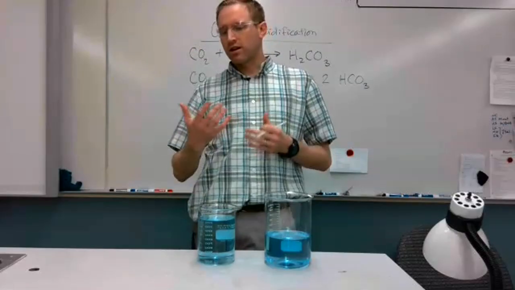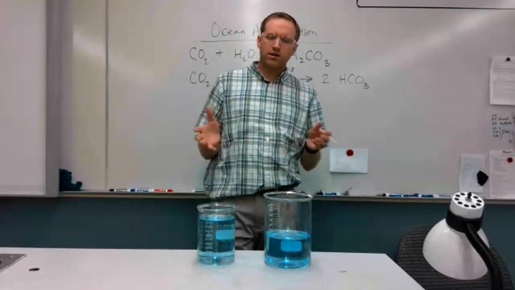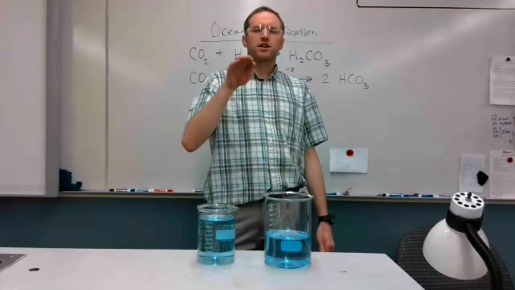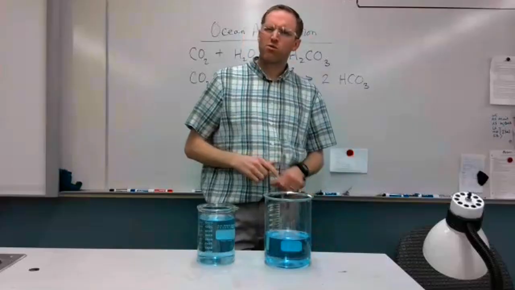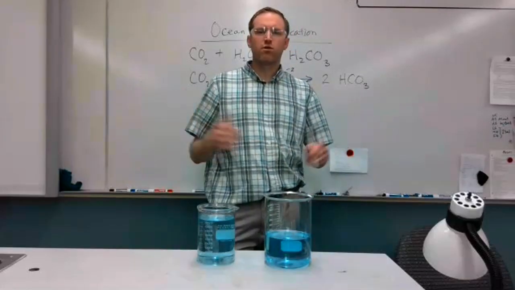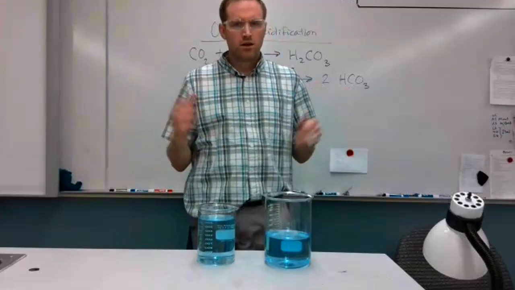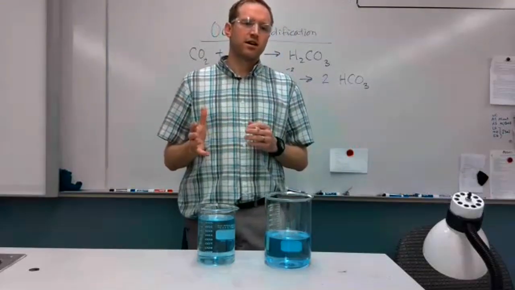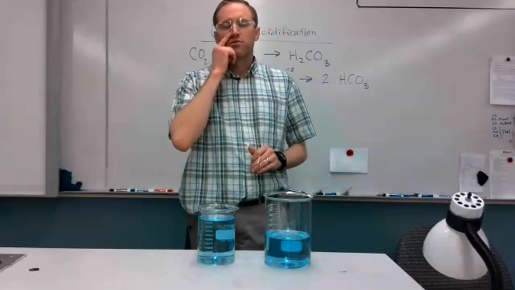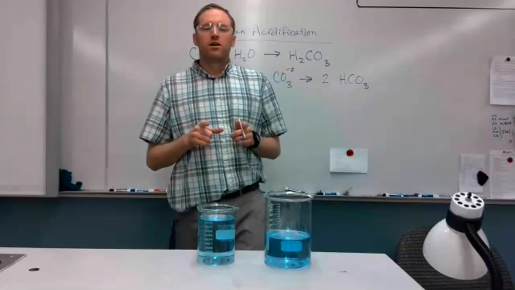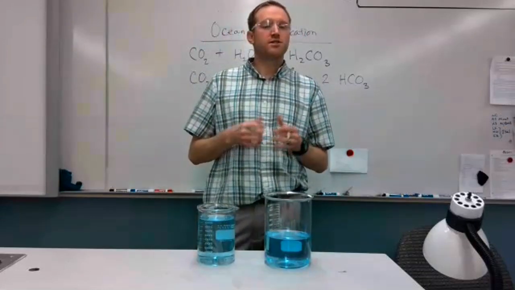If you look up atmospheric carbon dioxide graphs, you can see that it's gradually increasing, and now we're at maybe 420, 430 parts per million, way higher than the amount of carbon dioxide before the Industrial Revolution.